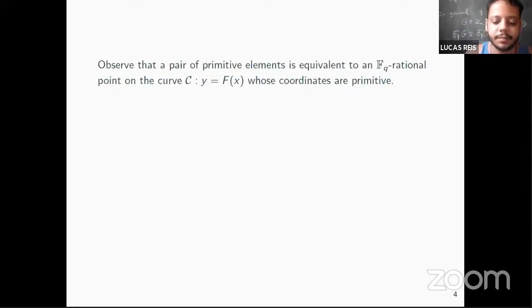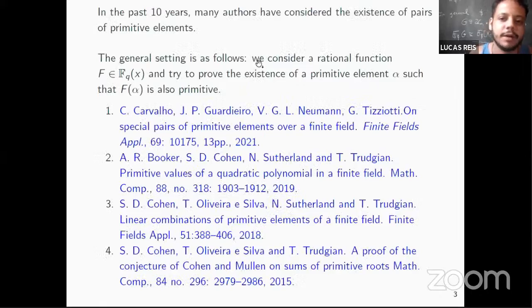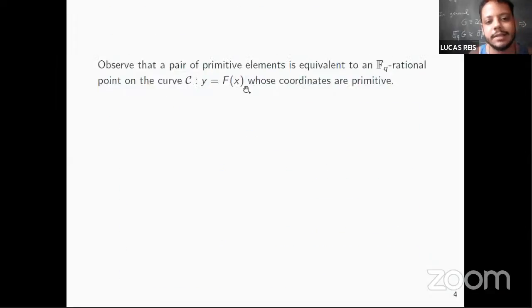But now we observe that finding pairs of primitive elements in this setting, alpha such that f of alpha is also primitive, is the same as considering points on the curve defined by y equals f of x whose coordinates are primitive elements of FQ, right? So this is the main motivation.